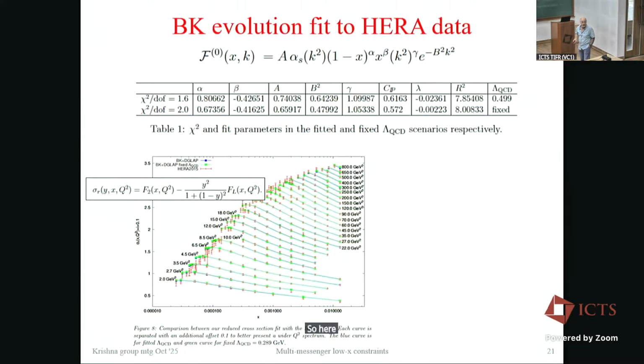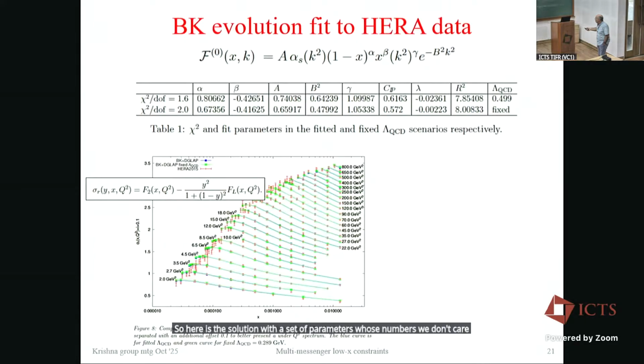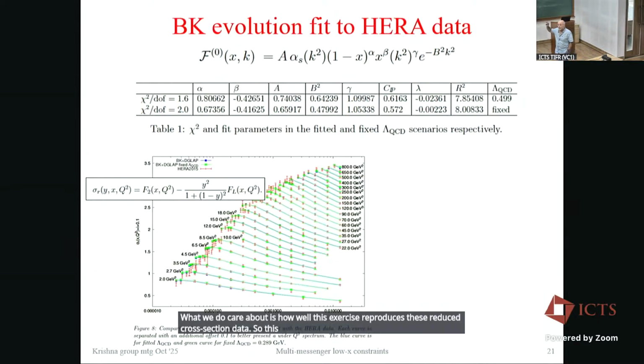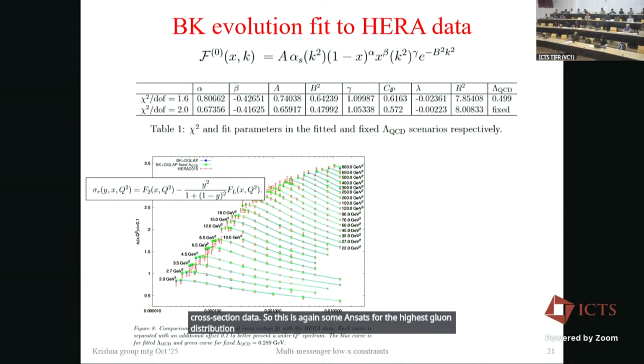So here is the solution with a set of parameters whose numbers we don't care about. What we do care about is how well this exercise reproduces these reduced cross-section data. So this is, again, some ansatz for the high-x gluon distribution, now evolving to low x and comparing to this vast set of data.